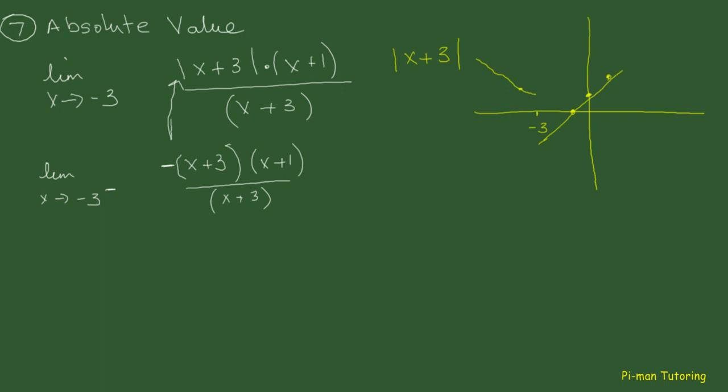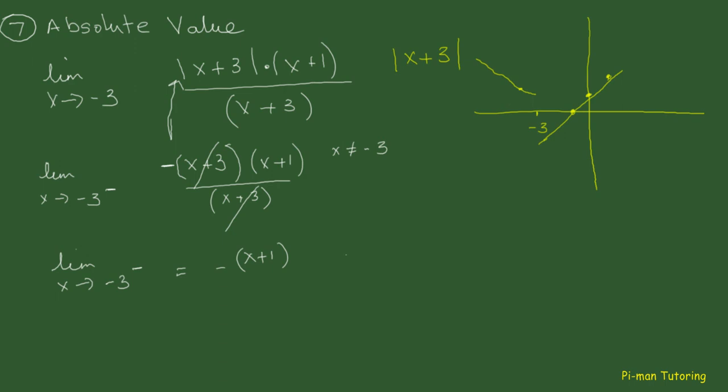And now we have our usual situation of a common factor, top and bottom. And as long as x is not equal to negative 3, we can cancel that out. And so what we're left with is the limit as x tends to negative 3 from the negative direction is equal to negative x plus 1.